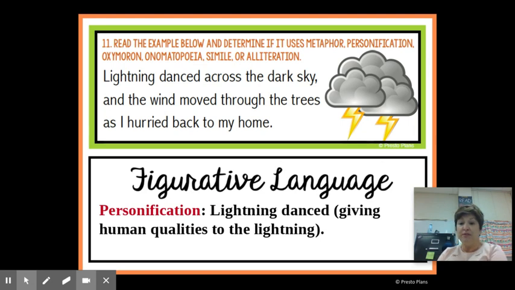The moon, the stars, a desk, your glasses, a basketball. Let's look at this example. Lightning danced across the dark sky, and the wind moved through the trees as I hurried back to my home. Lightning dancing is giving human qualities to the lightning, and that's being personified.